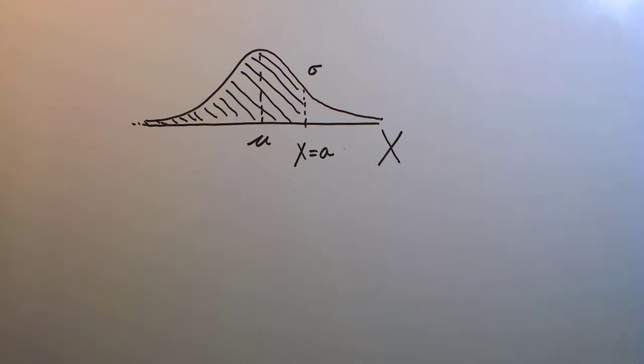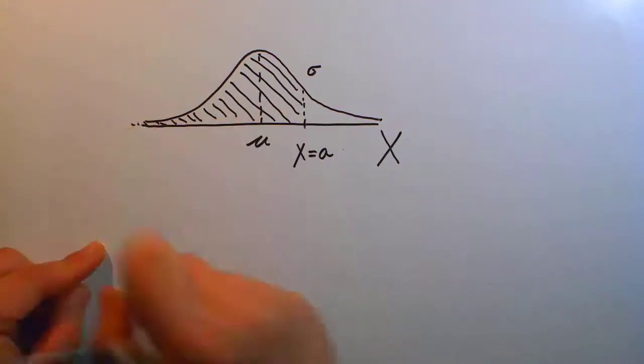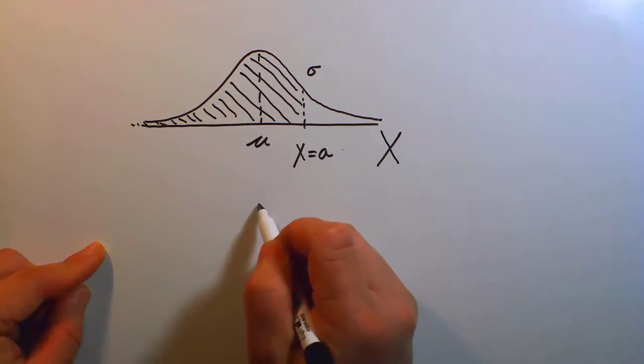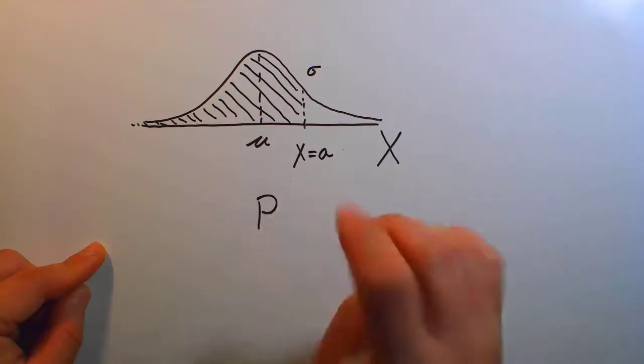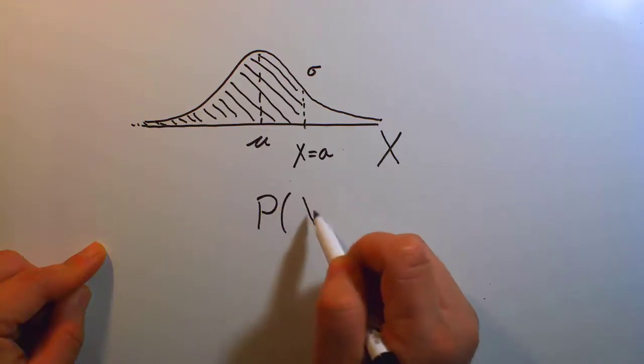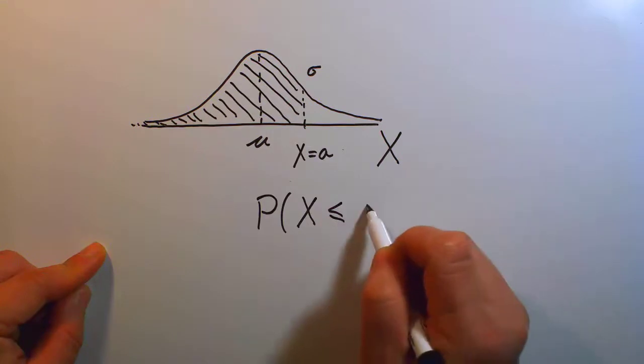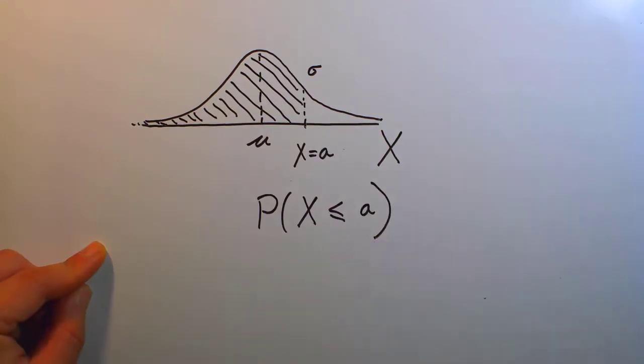And symbolically speaking, this area shaded to the left-hand side is the same as the probability on this normal distribution that we're going to find a value of x being less than or equal to a.